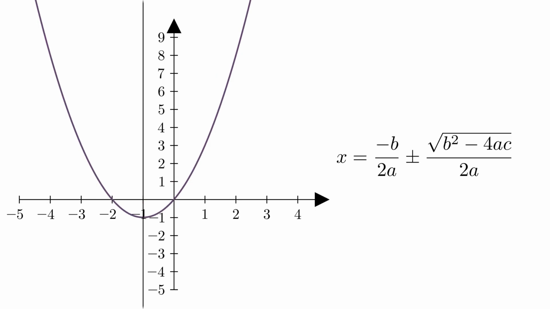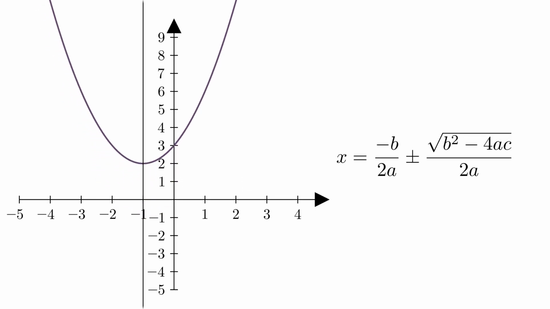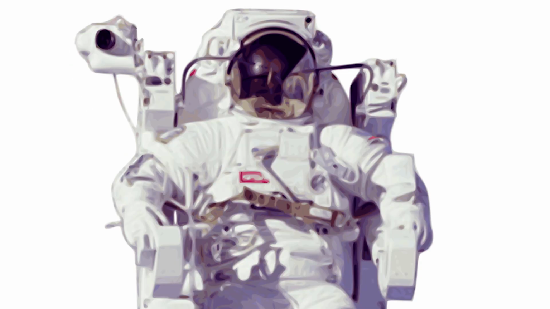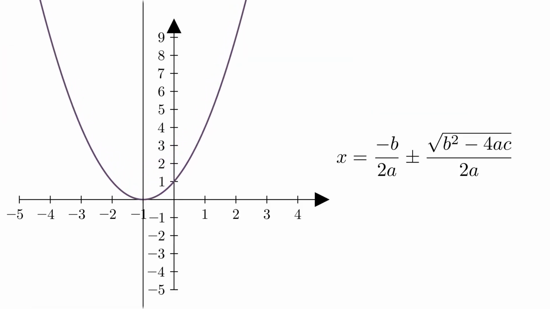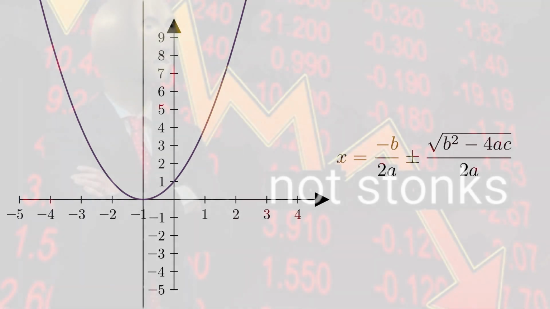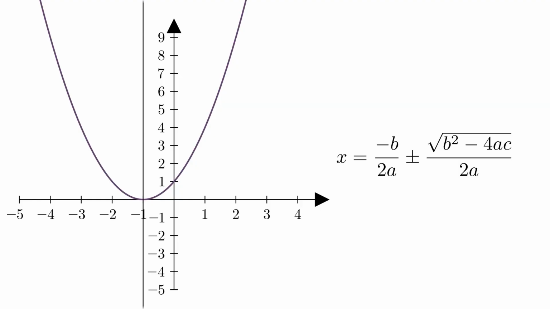Whatever our x comes out to be according to this formula is where our solutions are. If you notice, if we move our curve just a little bit up, our curve doesn't cross the x-axis anymore. That means it has no solutions. No real solutions at least, but that's a topic for a different video. And if we put the bottom of our curve unbalanced on top of the x-axis just as well as the US is balancing on the edge of total economic collapse, we will only have one solution to this curve.